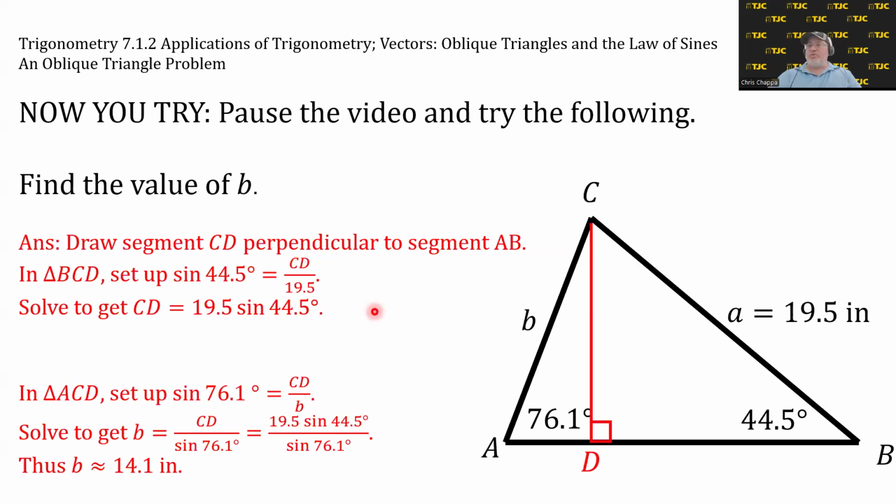I'll walk through the solution quickly. If we draw segment CD perpendicular to segment AB and mark the point D on the base, then in triangle BCD on the right, we set up sine of 44.5 degrees equals CD over 19.5. So CD equals 19.5 times sine of 44.5 degrees. Then in triangle ACD on the left, we set up sine of 76.1 degrees is CD over b.